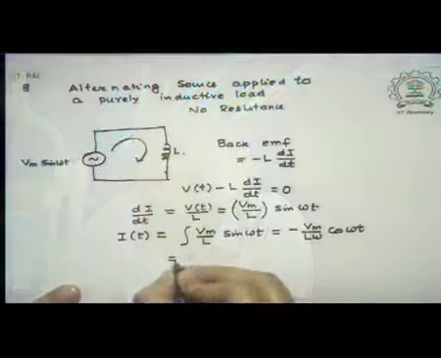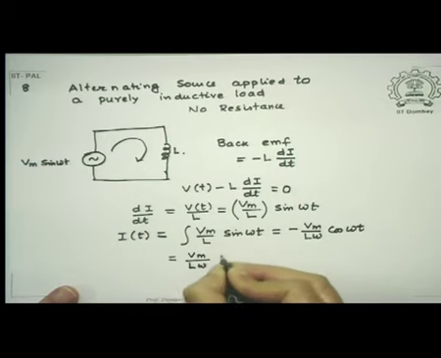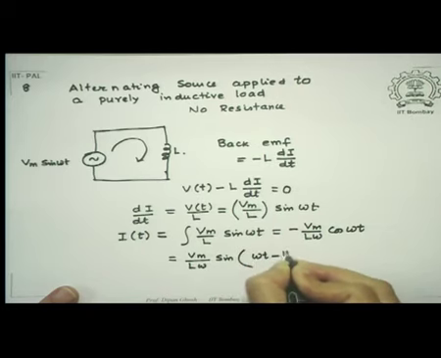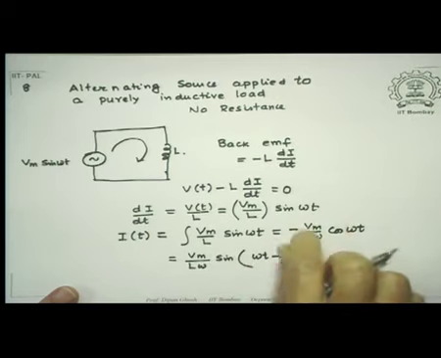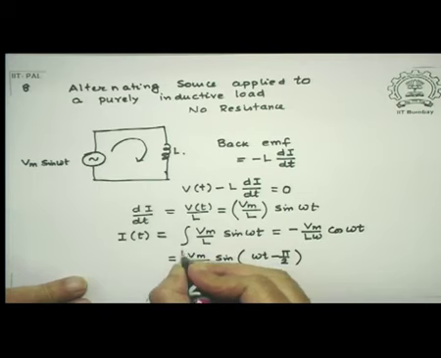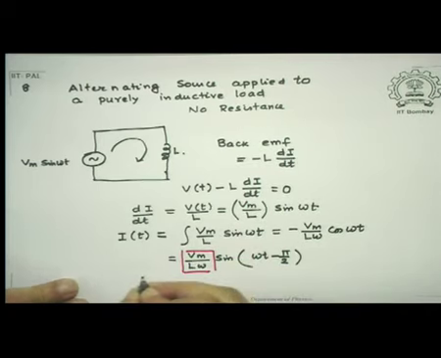And since I can write this cosine function as sine of omega t minus pi by 2, that takes care of the minus sign as well. So what I am getting in this process is that the current amplitude is given by Vm over L omega. So this is the current amplitude.